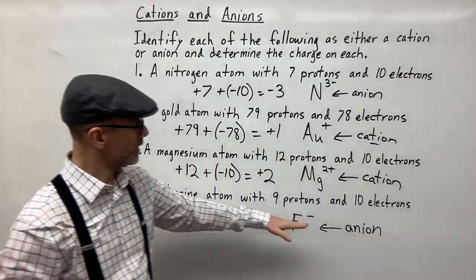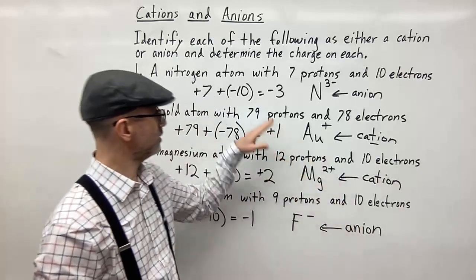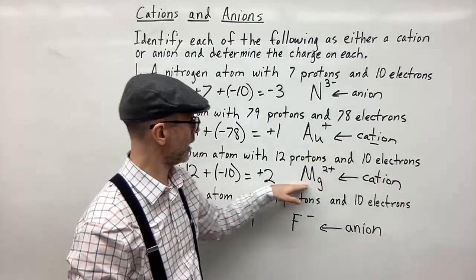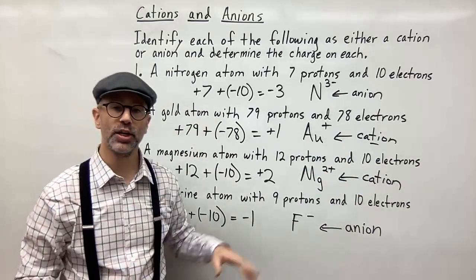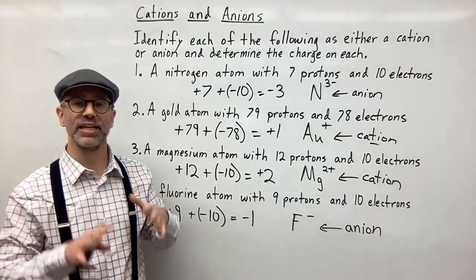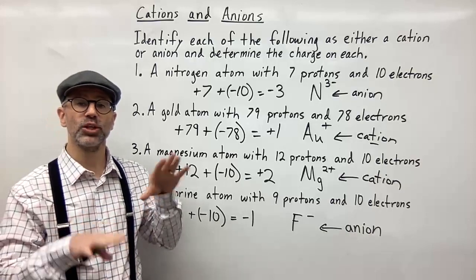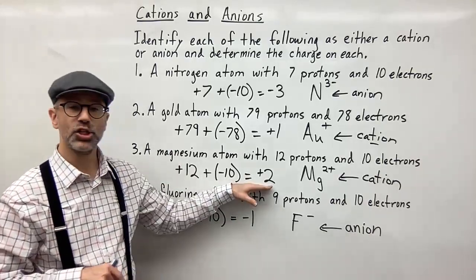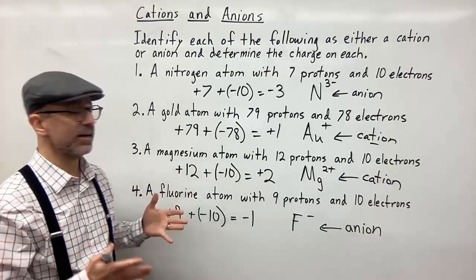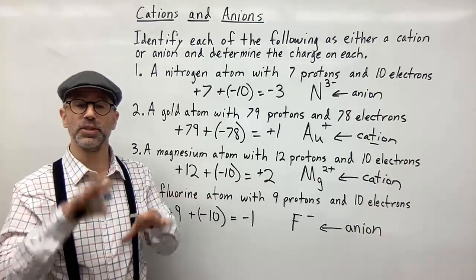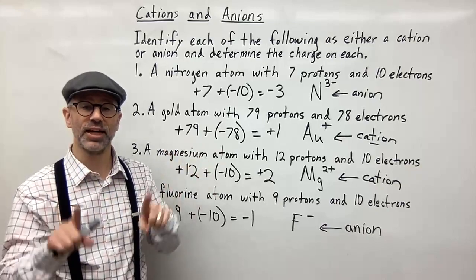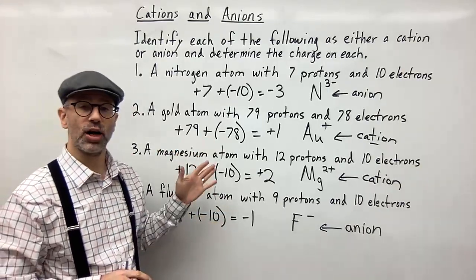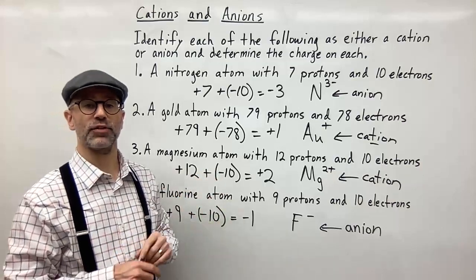So remember, negative ions are anions, and positive ions are cations. You can figure out what the charge is on each ion by looking at which one you have more of, and then you can calculate the charge on it. The difference between the number of protons and electrons is going to tell you the number, and whichever one you have more of is going to tell you if it's positive or negative.